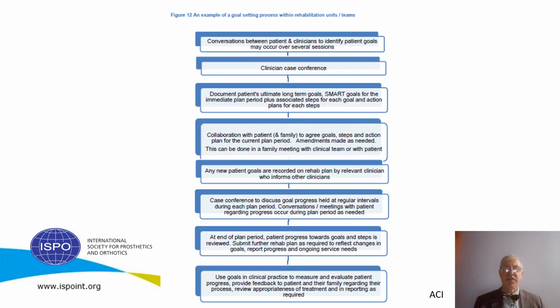This slide summarizes in a flow chart the steps you would go through in the goal setting process in rehabilitation. We've gone through these steps over the last half an hour or so, I won't repeat them all, but it's a good summary which you might want to use.